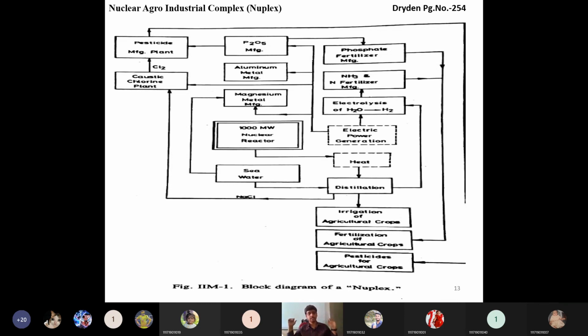Many industries will be located at one place: the pesticide industry, fertilizer industry, power generation industry, distillation units, and sea water purification units, and the same water can be used in agriculture. Everything will be located at one place. That is called a nuclear agro-industrial complex. We will discuss it in detail tomorrow, so better to revise and come.